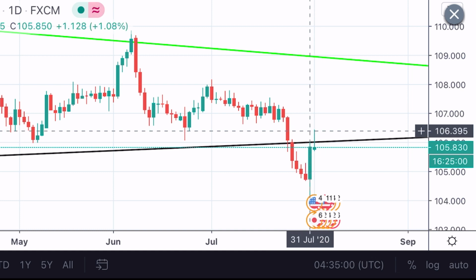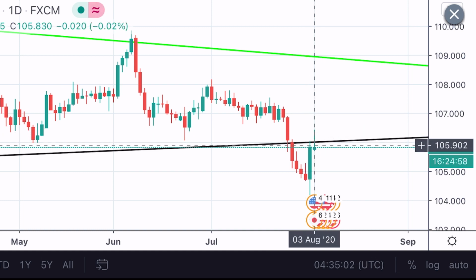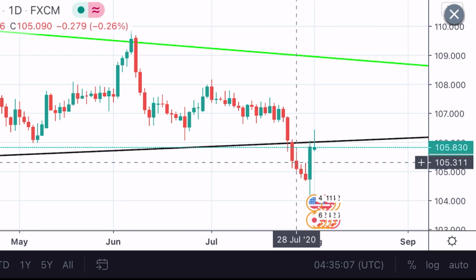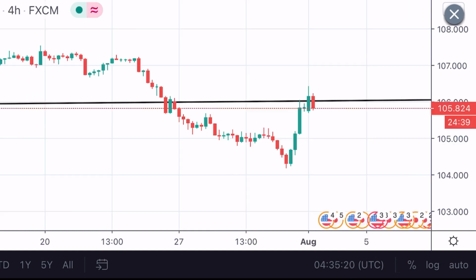So the price was very bullish, but right now it's looking like a massive rejection. So let's go to the H4, then I might show you something even extra special, right?